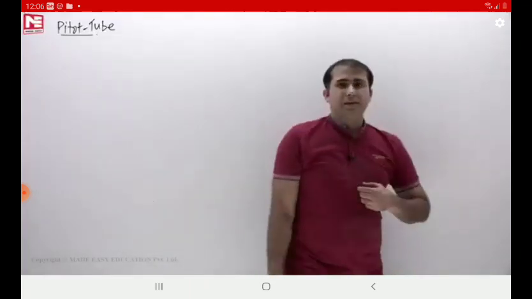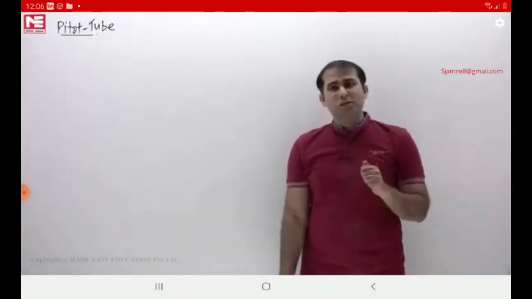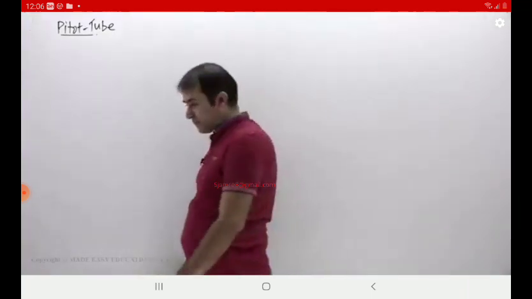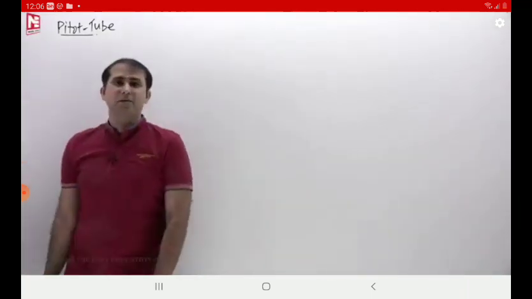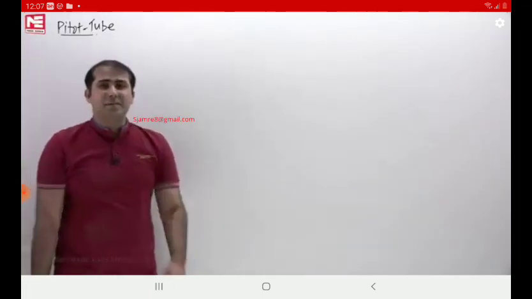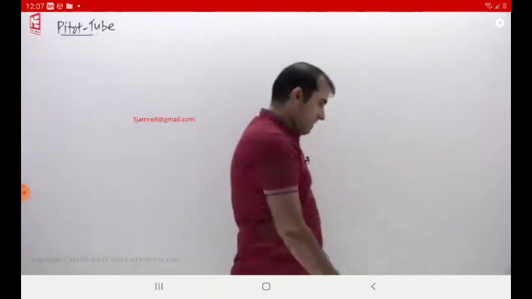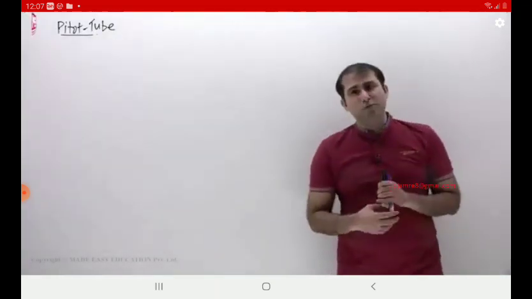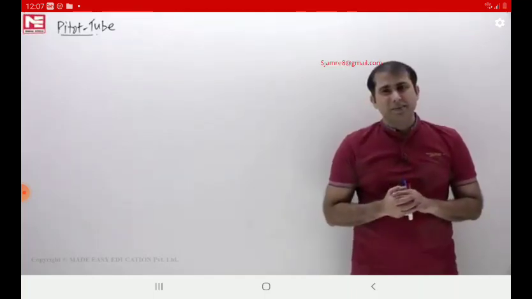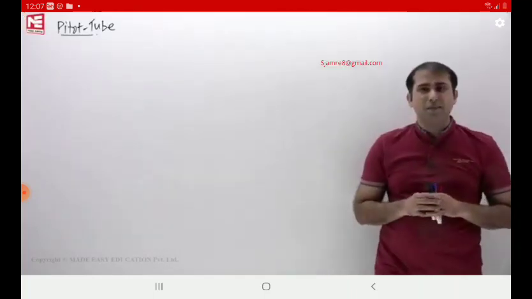I repeat, it is a device basically used for the measurement of local velocity. Okay, what do you do with this? It is a 90-degree bend tube having a small opening.